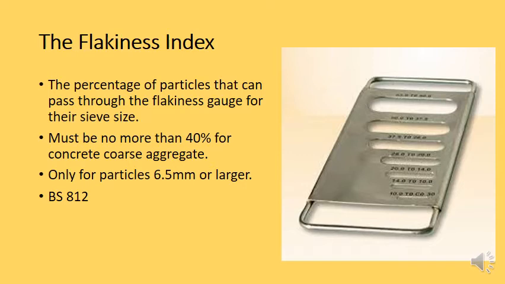What you do is you collect all of the aggregate particles that landed in, let's say, the 9.5 millimeter sieve, and then you would be trying to see how many of those aggregates would fit through the 10 to 6.3 millimeter opening on the flakiness gauge.